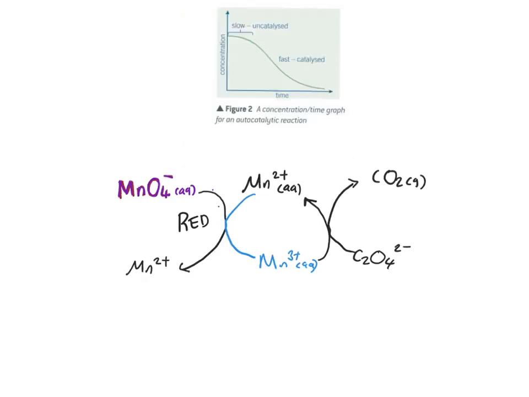So there's a reduction and a simultaneous oxidation, and then a reduction and an oxidation. The transition metal, in this case the autocatalyst, is the Mn2+ ion, which gets regenerated at the end.